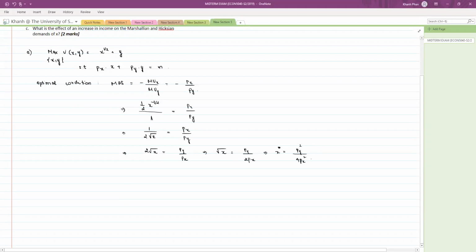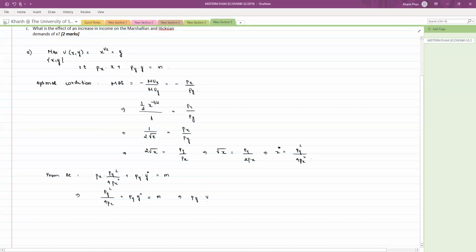From the budget constraint, I should be able to find the optimal amount for good y. From the budget constraint, I know that px times x star, which is py squared divided by 4px squared, plus py times y star is equal to m. The px cancels with one of the px, so I have py squared divided by 4px plus py times y star equal to m.